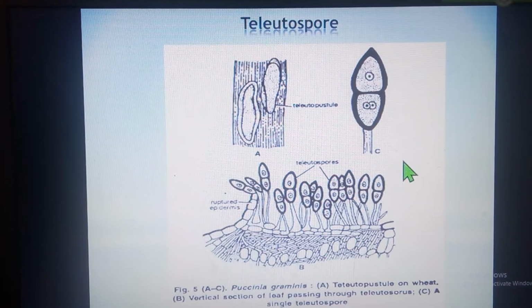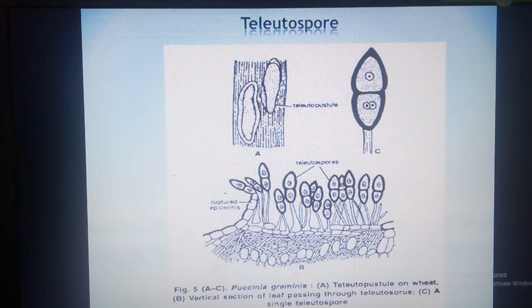Here the telisori develop exclusively by the infection of the uredospore. So in the wheat plant, due to the infection of the uredospore at the end of the wheat season, these teliospores will start to develop.